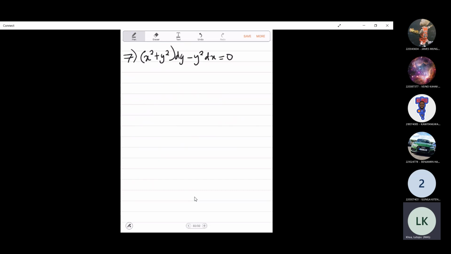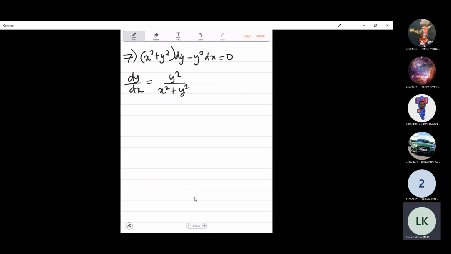Now we want to rewrite this first as dy dx. So we have dy dx, this is equal to y squared over x squared plus y squared.